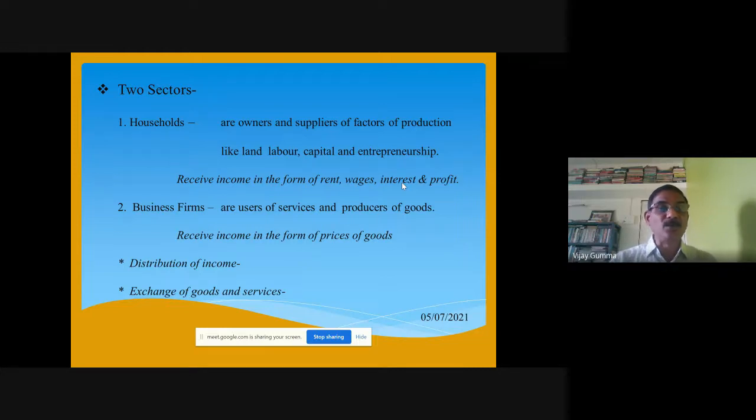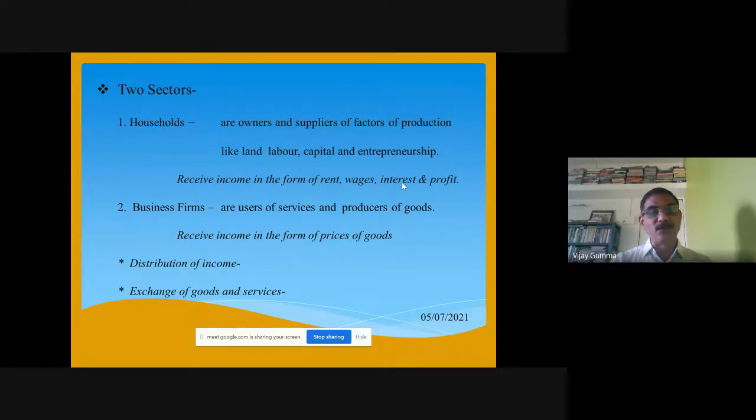The circular flow of income in a two-sector closed economy explains how income and expenditure are generated in an economy.